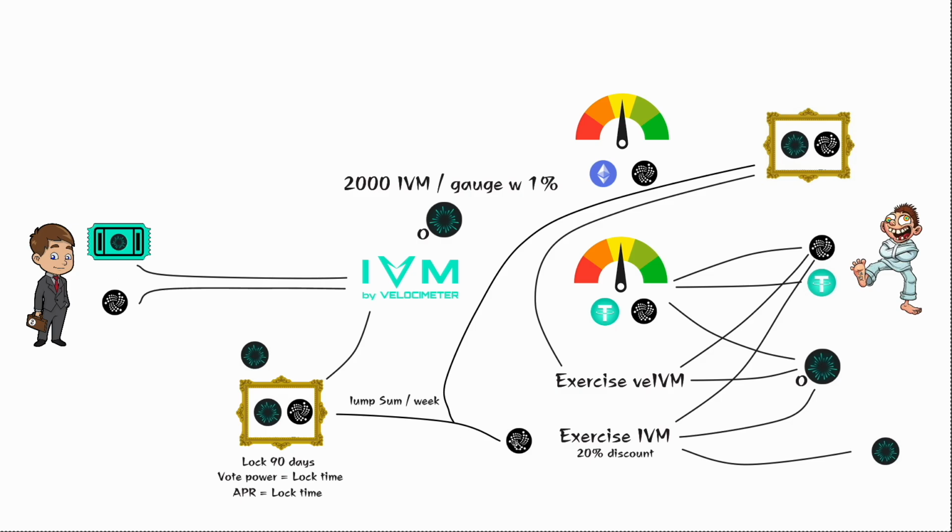So this will be sent to the NFTs pro rata based on voting power, that is, based on remaining lock time. So if their NFTs are identical, say they each have 100 IVM tokens in here, but one is locked for 90 days and the other for 1 day or 10 days, the first will get substantially more of these IOTA exercise fees.